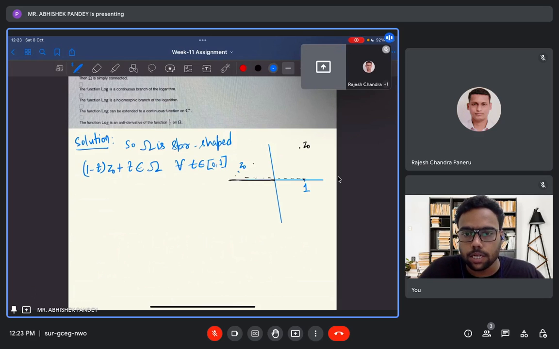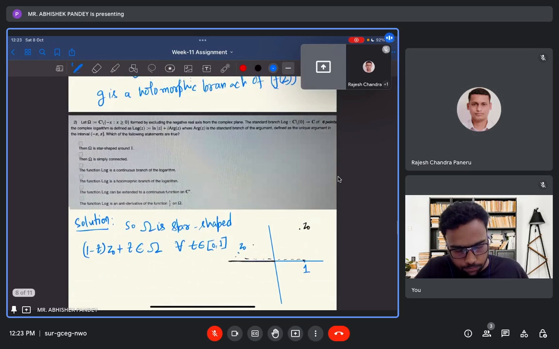So this is basically a star shape. Is it clear? Star shape around 1. And this is also simply connected.